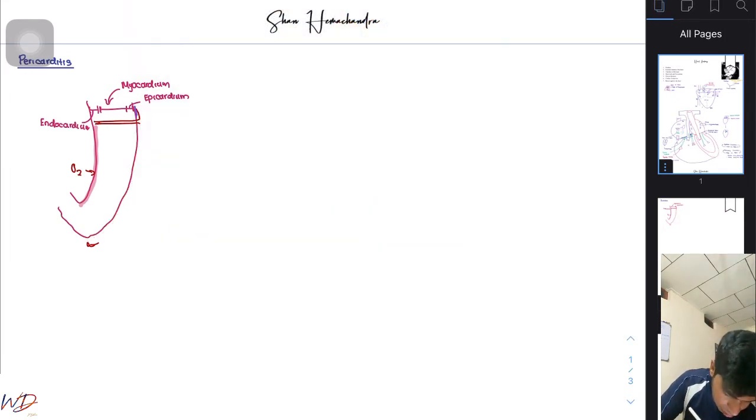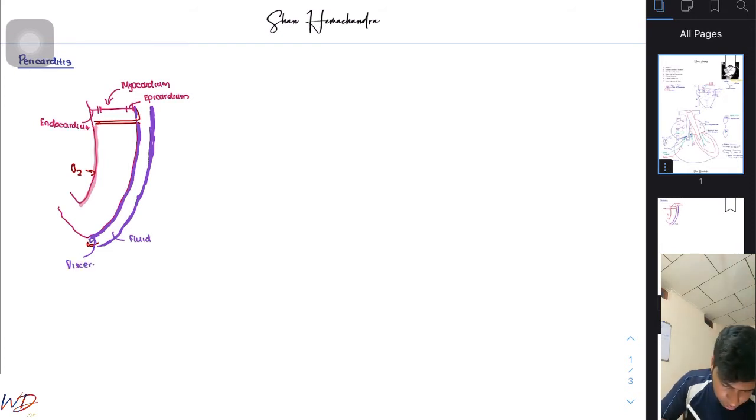Let me erase the blood vessel. The reason is I need to draw the layer which is just over like this. This is the visceral pericardium. This is the parietal pericardium.